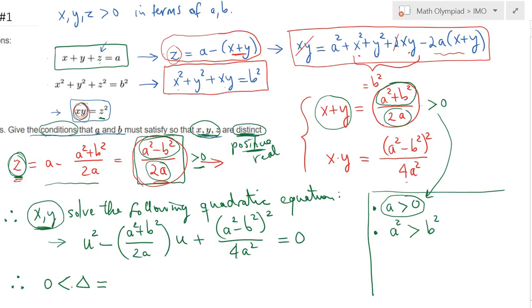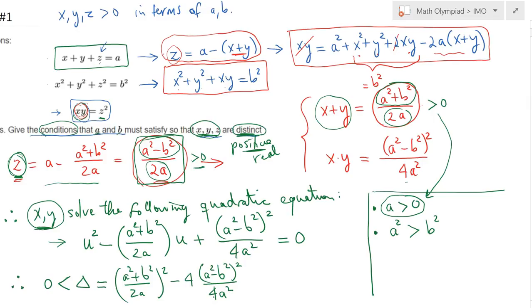We want distinct, so strictly greater. It's just this one squared, (a squared plus b squared) over 2a, squared, minus 4 times this animal here, (a squared minus b squared) squared over 4a squared.